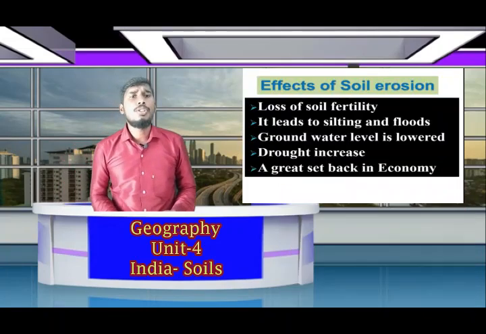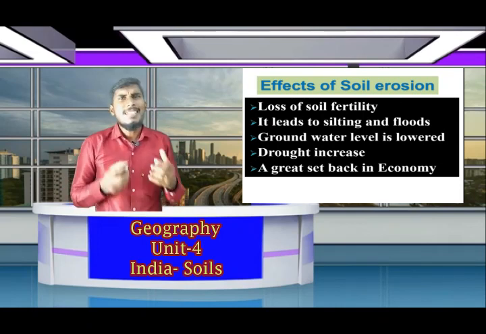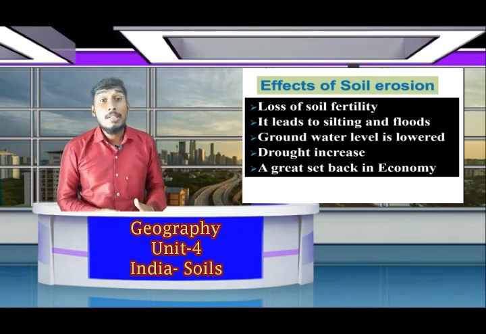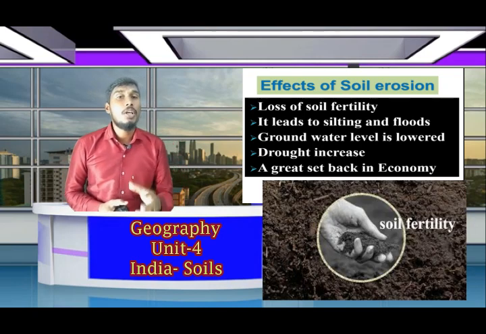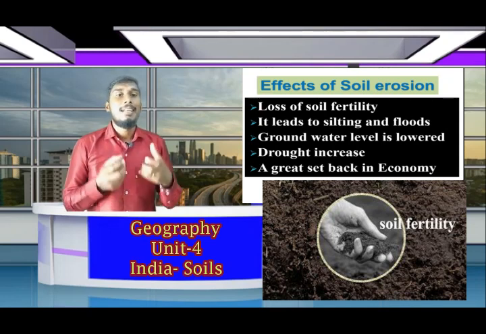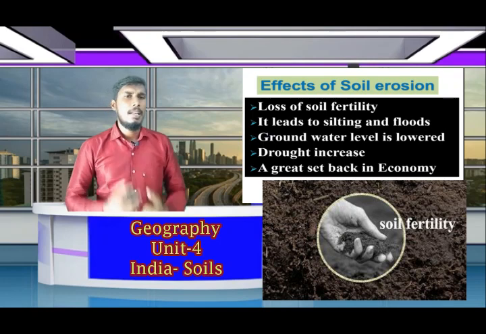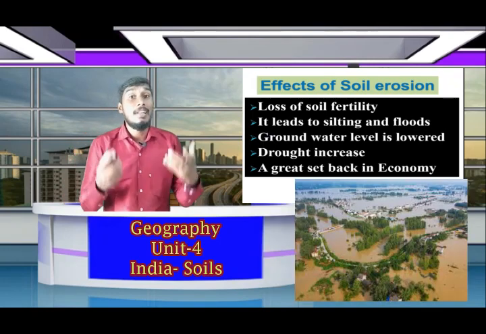With this soil erosion, what is the effect on soil? The first effect is loss of soil fertility. The fertility of the soil has been lost, so the yield will be less. It leads to silting and it causes floods.